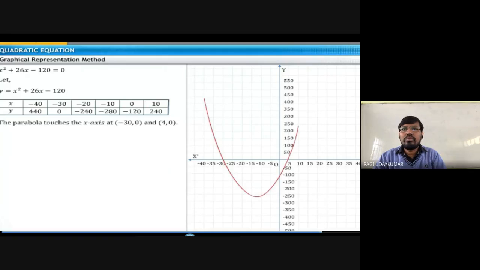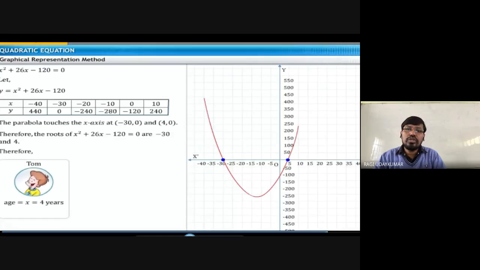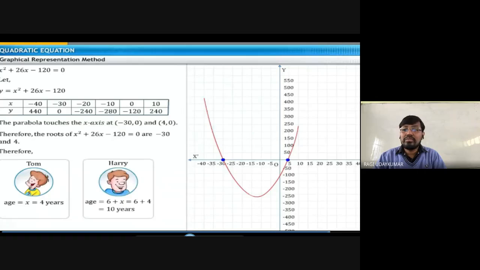See, for a quadratic polynomial you are going to get a parabola. Here it is touching at the points minus 30 and 4. At minus 30 it becomes 0, and substituting 4 also gives 0. So the places where it touches the x-axis are to be taken into consideration, but sometimes you may not get exactly this graphically.